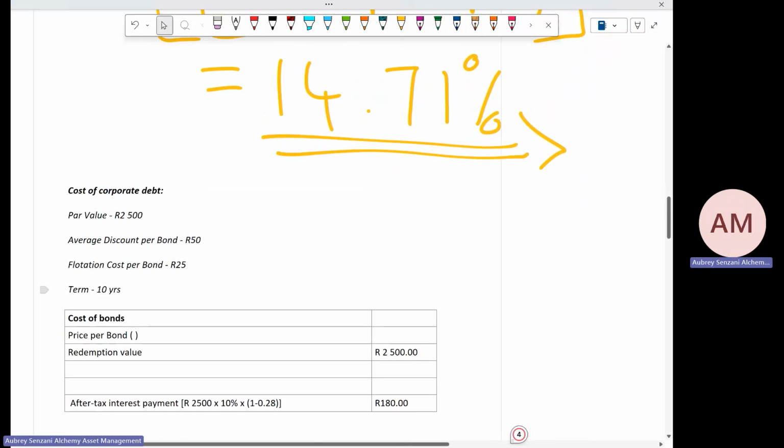How do we calculate the cost of this? The same way we calculate the return, by looking at the cash flows. First things first. As a business, when we issue bonds, we are going to receive cash. I sell a bond to this gentleman here.